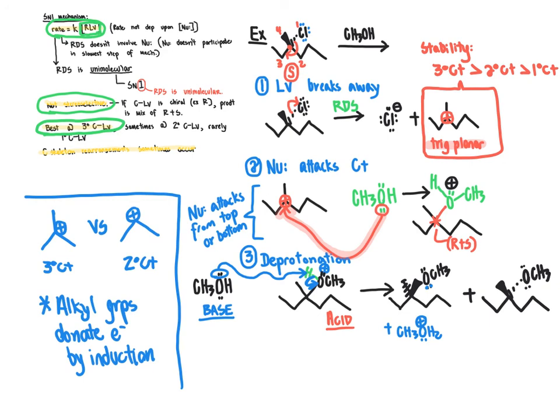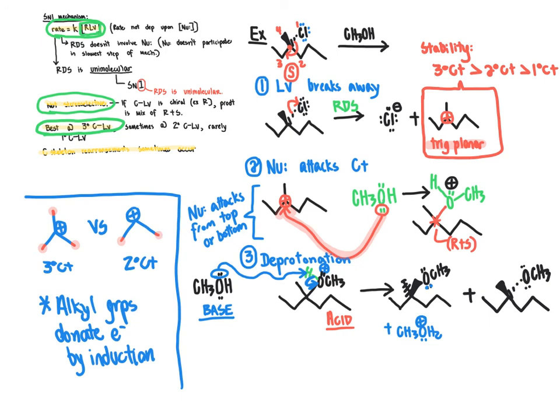So in the case of the tertiary alkyl carbocation, we have 1, 2, 3 alkyl groups to donate electrons. Those 3 methyl groups are each electron donating. So they're all going to be trying to send electron density over toward the positive formal charge and therefore help to eliminate some of that positive formal charge. On the other hand, a secondary carbocation only has 2 electron donating alkyl groups, and so it's going to be less stabilized by induction.